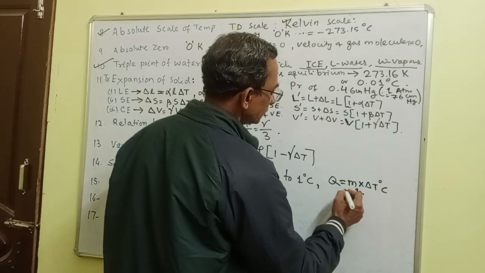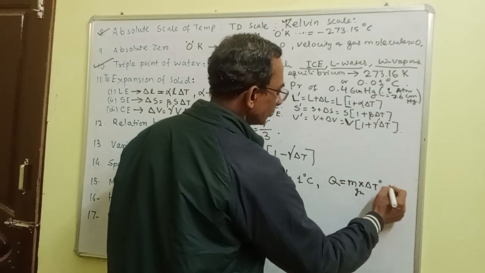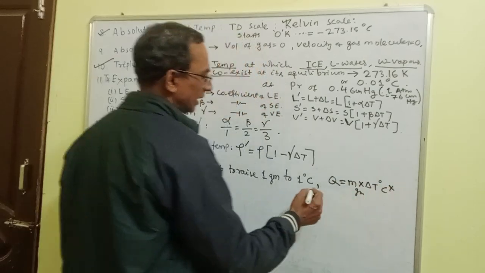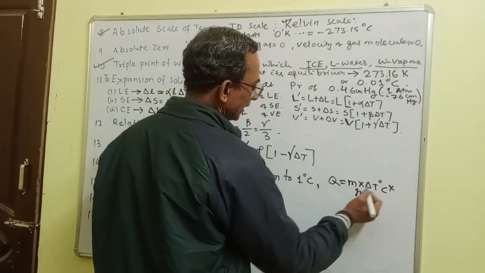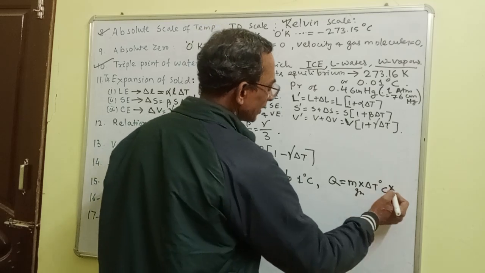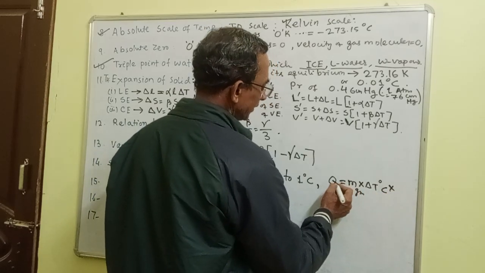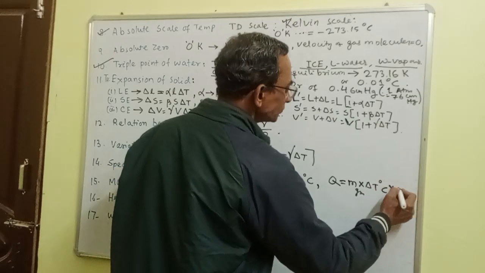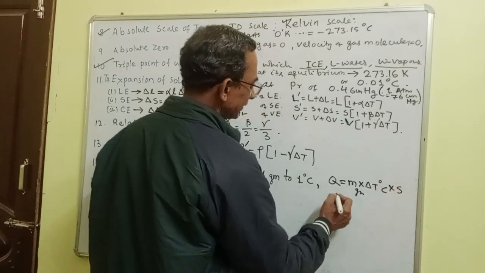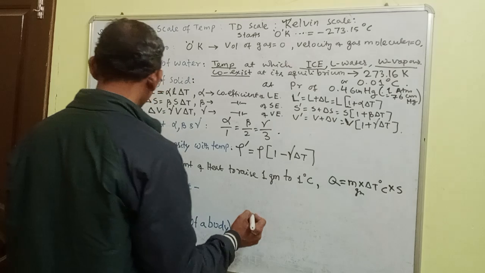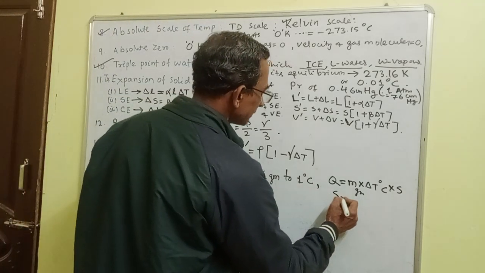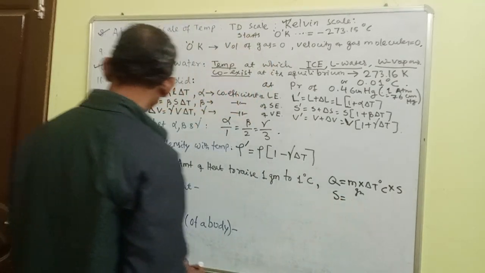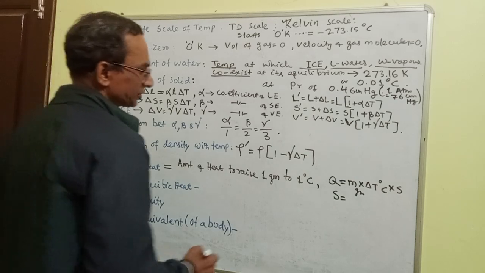then Q is proportional to m, proportional to delta T, the change in temperature. Then we equate it, Q becomes m times delta T times, suppose, S. Here S is the specific heat capacity of a substance.